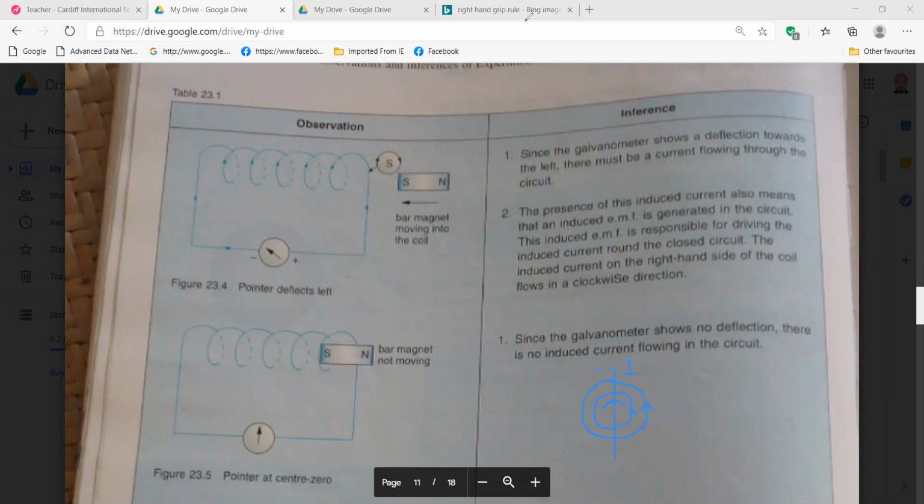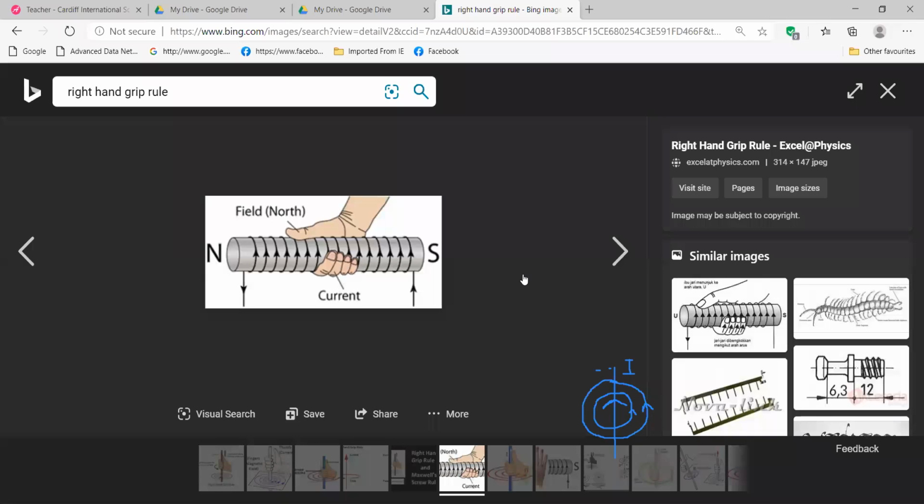Now again I am showing you, you just have a look, because it is really needed to understand Lenz's law. Can you see the diagram? Yes, sir.